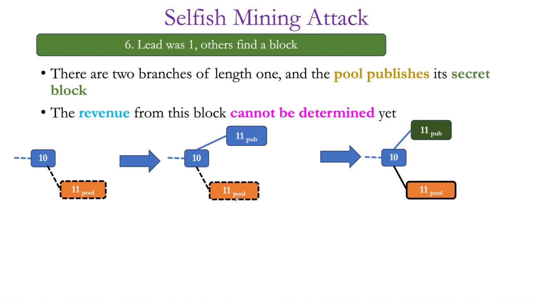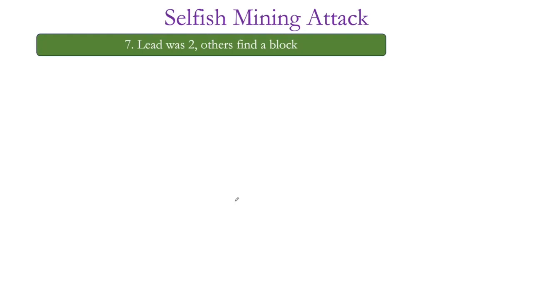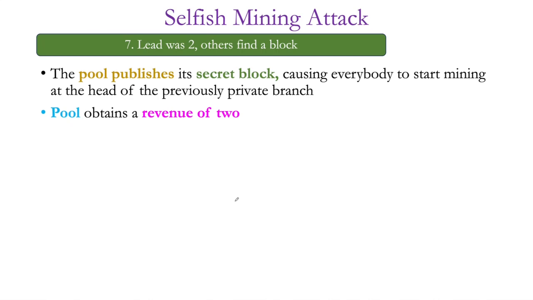Another case of selfish mining is when the lead was two, instead of one, and others find a block. Then the others almost close the gap as the lead drops to one, and the pool publishes its secret blocks, causing everybody to start mining at the head of the previous private branch.